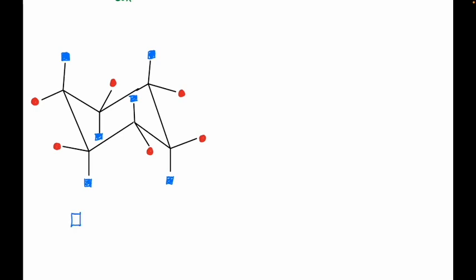So in this structure, my blue squares are all axial. My red circles are all equatorial.